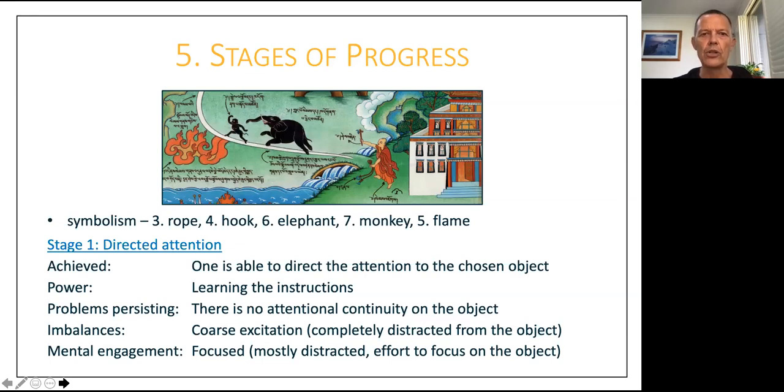Right hand is the hook of introspection. The elephant is symbolizing the mind, and the black color is symbolizing laxity or dullness. The monkey is symbolizing discursive thought in general. The black color is symbolizing this excitation.